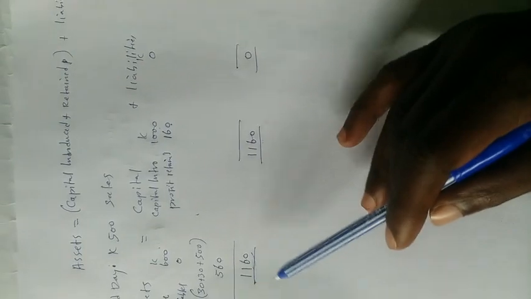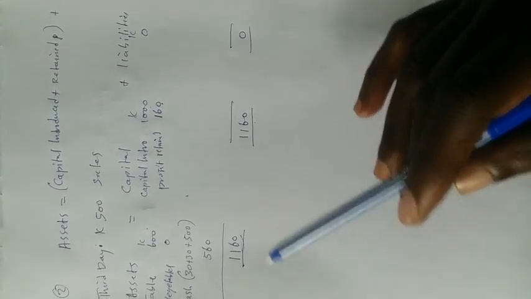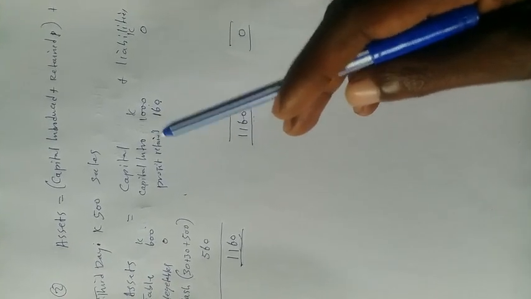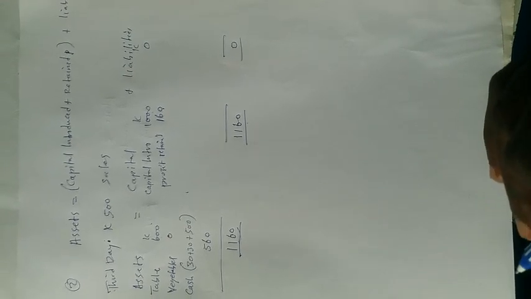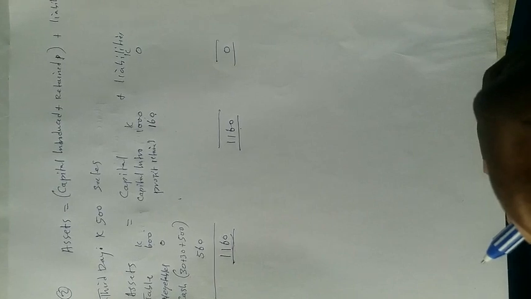Okay, so let's do the final question, which involves the withdrawing of the same profit that we make. Let's say on the same third day of your business, you decide to withdraw 100 kwacha for your personal use.